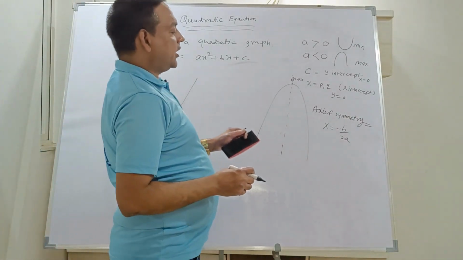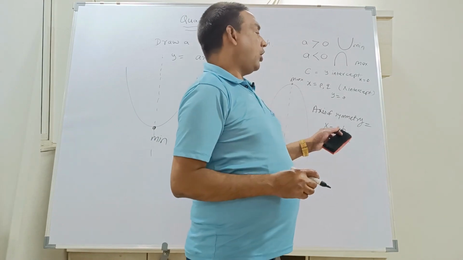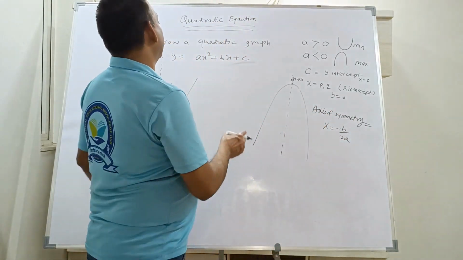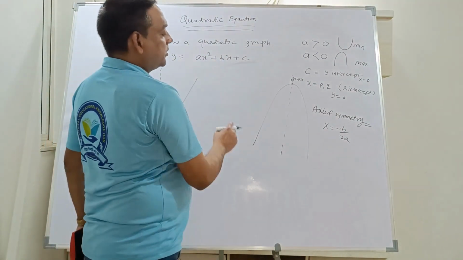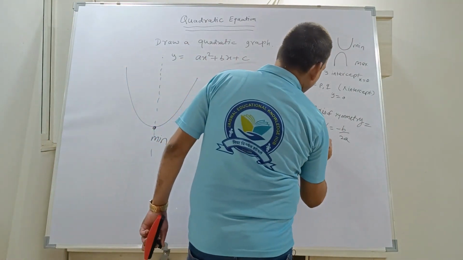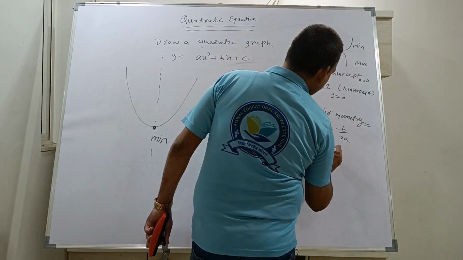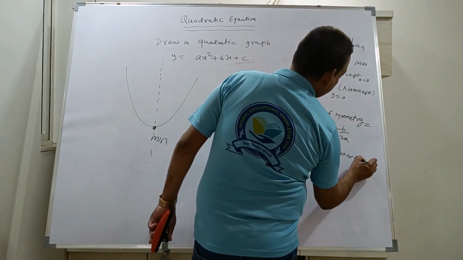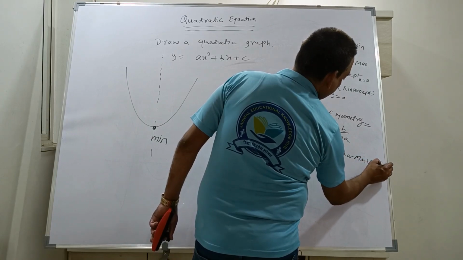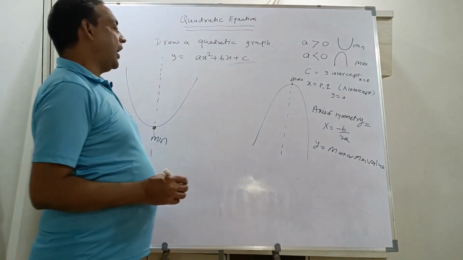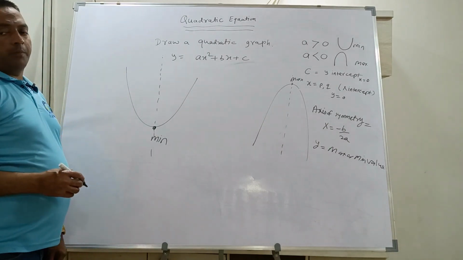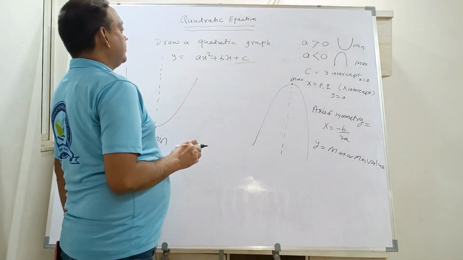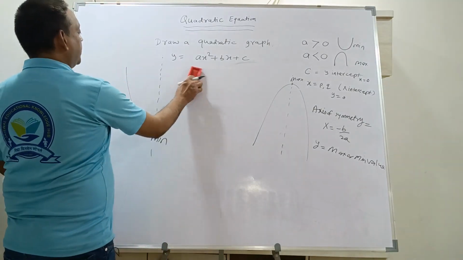Once we get minus b upon 2a, the axis of symmetry, we replace the x value in the original equation. Whatever y value we get, this y value is nothing but the maximum or minimum value. Clear? Okay, so let's take one example here.